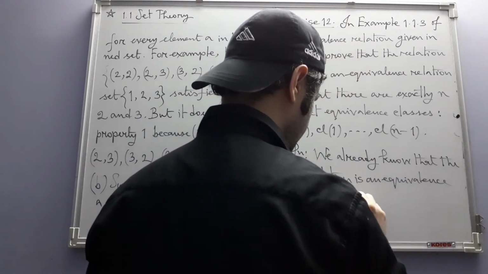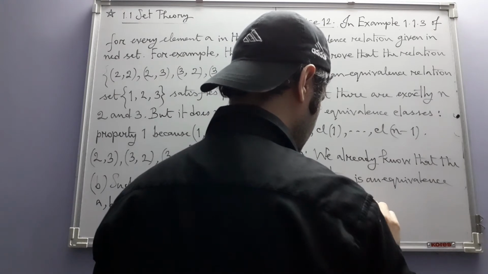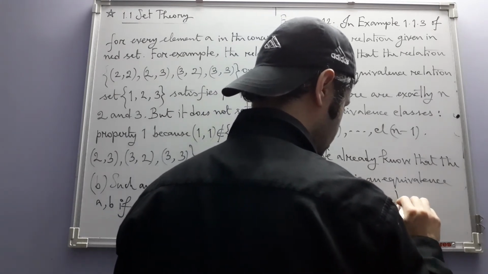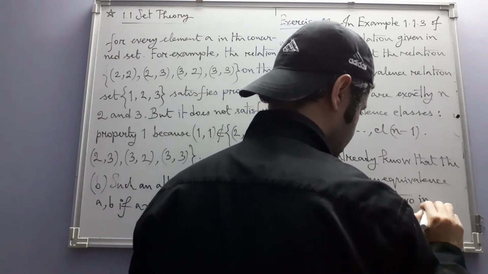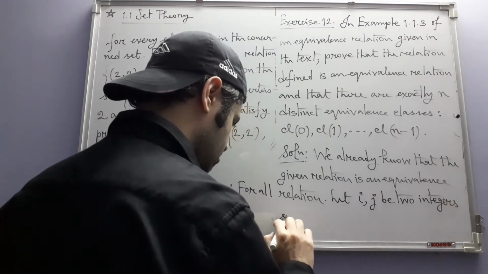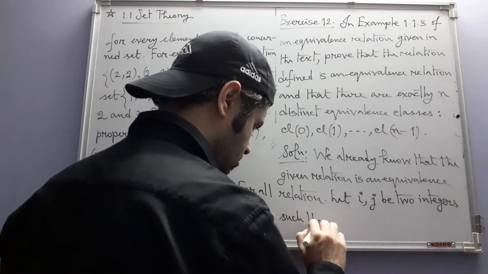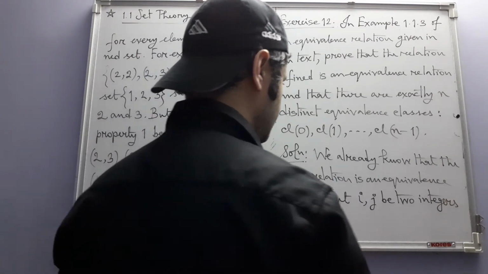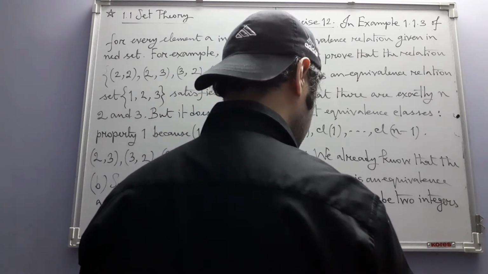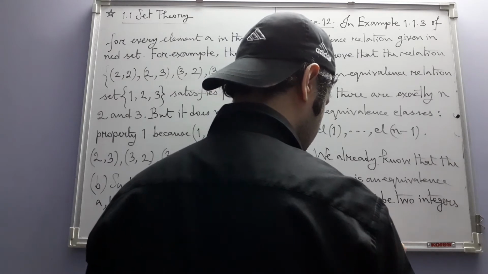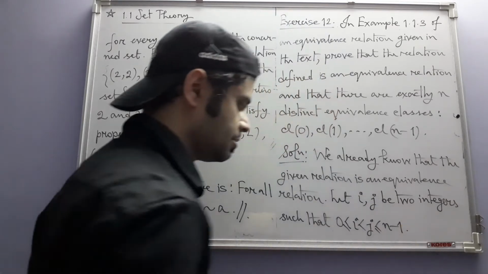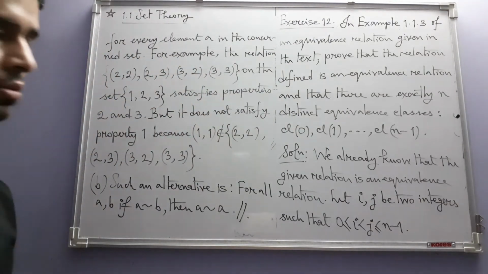Let i and j be two integers such that they lie between 0 and n minus 1 and i is strictly less than j.